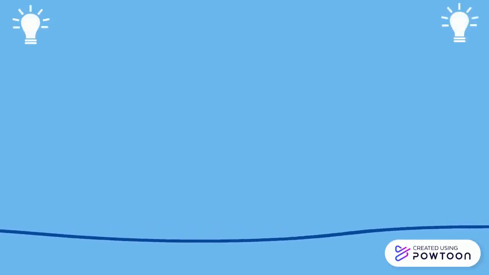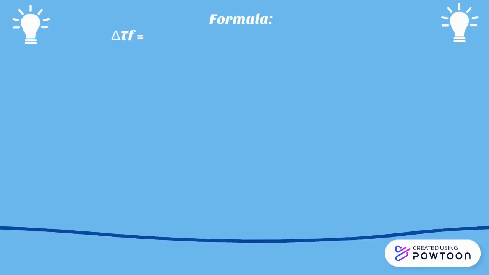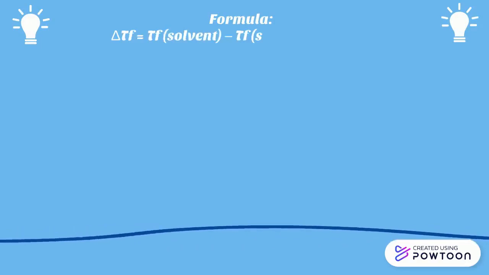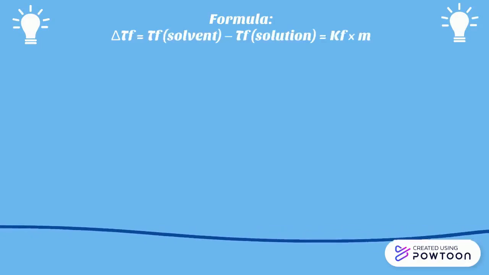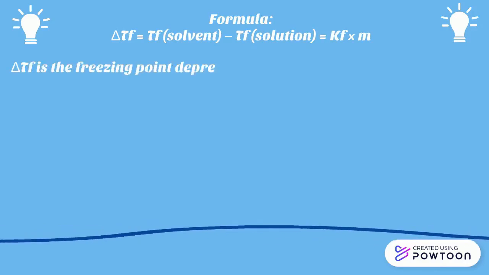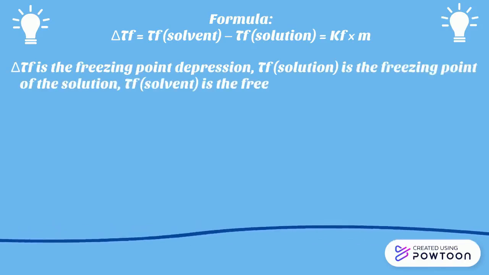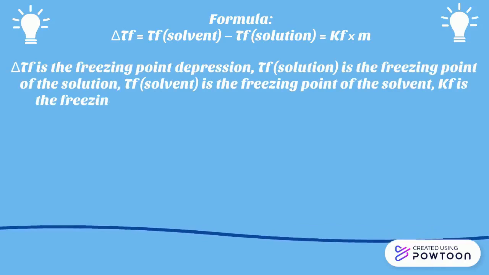From the explanation, we can quantify the freezing point depression into an equation which is delta Tf equals Tf of solvent minus Tf of solution, where delta Tf is the freezing point depression, and it is common to write it as delta Tf equals Kf times m.